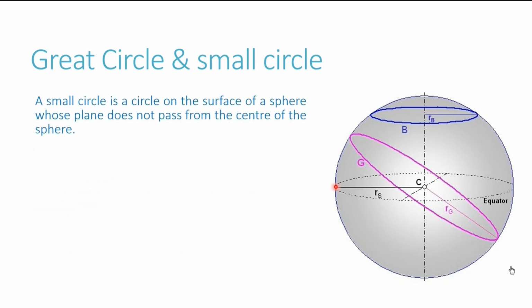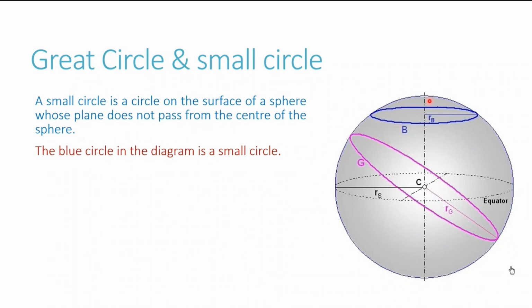Now, moving on to the concept of a small circle. A small circle is a circle on the surface of a sphere whose plane does not pass from the center of the sphere. Like, for example, the blue circle which we see in the diagram.